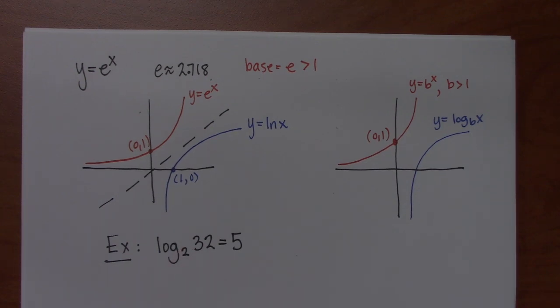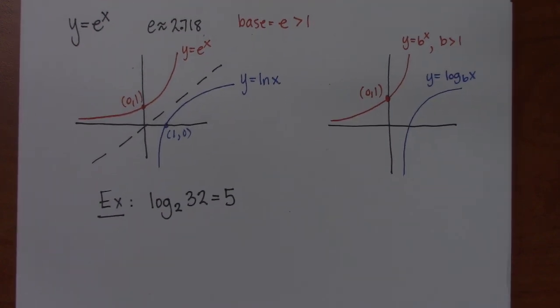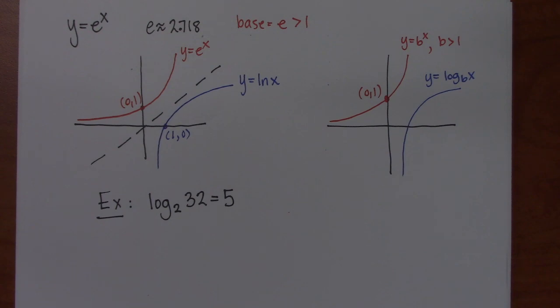This is read log base 2 of 32, because it's a function, so we say of, is 5. And this is my personal favorite, because 2 and 32 and 5 are nothing alike numerically, but it's almost impossible to mess up their relationship. So if I wanted to write an equation just using 2, 5, and 32, what would I probably have to say? How are 2, 5, and 32 related?